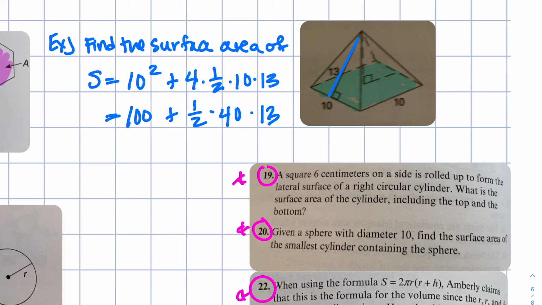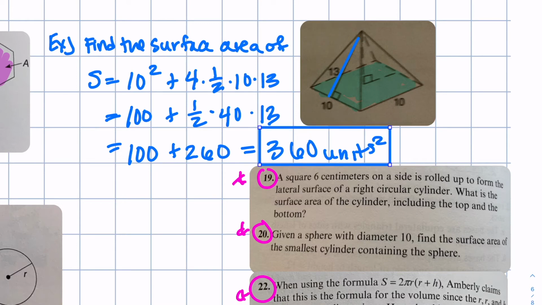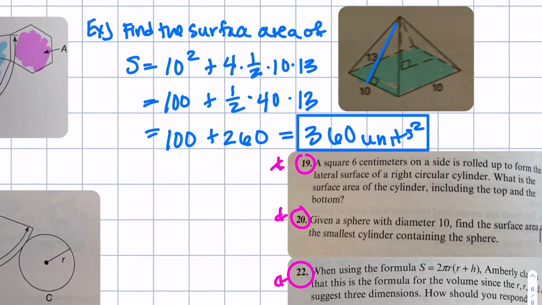Okay, and still having that area of 100. Simplifying this out, this should be 100 plus 260, which equals 360 square units. Great.